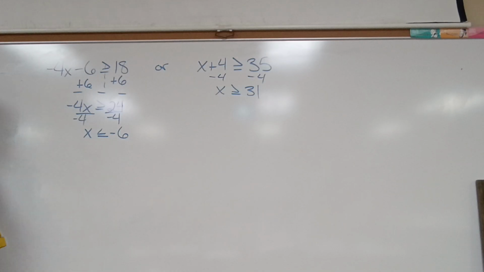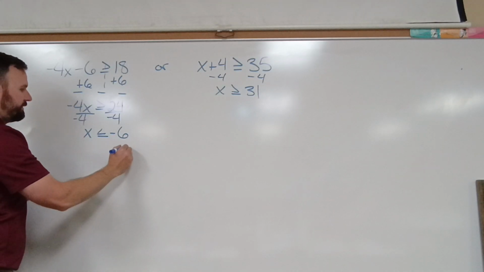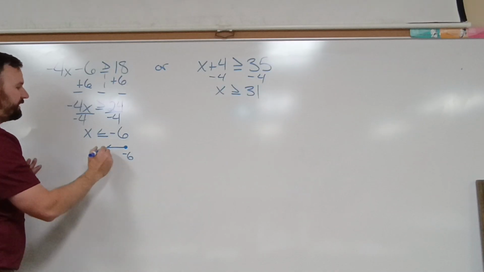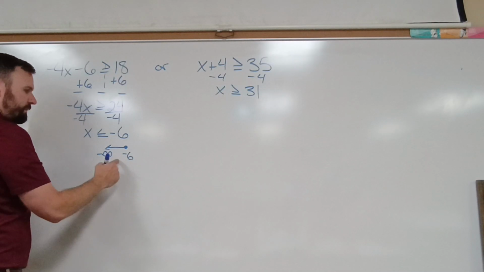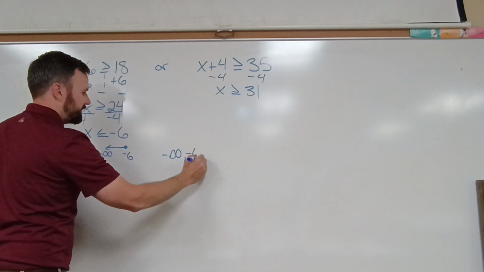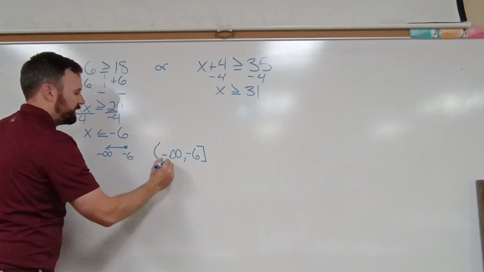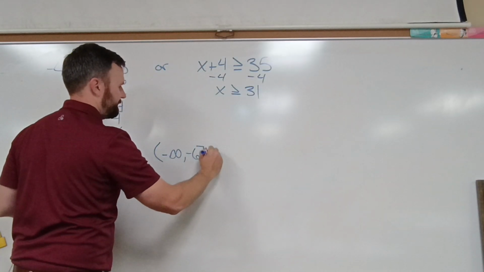Is it great? No, it's not great. How do I make it great? Yeah. Use the symbol and put it in interval notation, right? So this one's going to be negative infinity to negative 6, and it includes negative 6 because of or equal to. That's and.